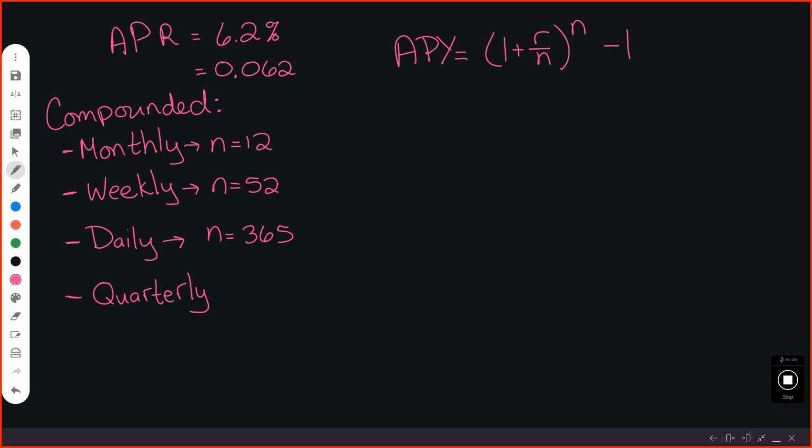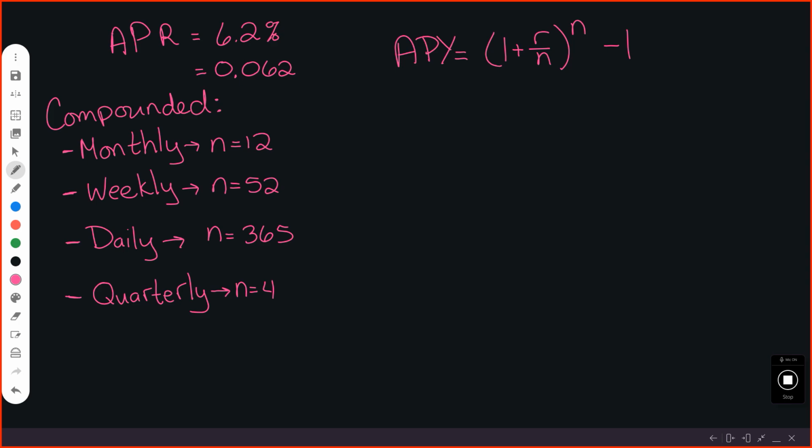I know leap years, it can be 366, but we still do 365. And if it's compounded quarterly, that just means 4 times a year. And those are your main ways that it's compounded. Sometimes it's compounded continuously. That's a whole other formula, but that's pretty unusual. You're more likely to see a higher interest rate than for something to be compounded continuously.